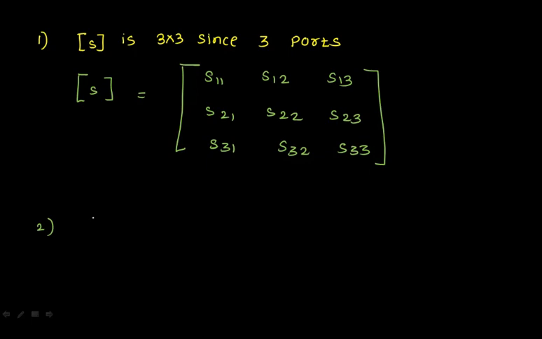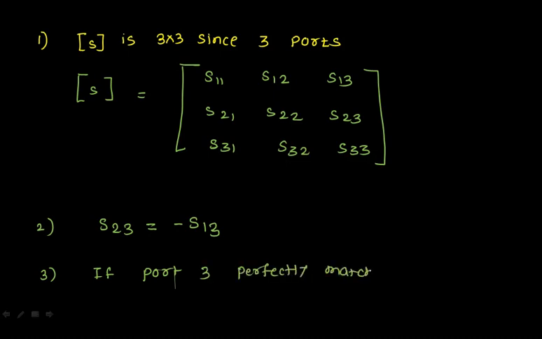As we have already seen, S23 is equal to minus S13, because your outputs at ports 1 and 2 are out of phase by 180 degrees with an input at port 3. Now we are assuming that our third port is perfectly matched. So if port 3 is perfectly matched, then I can write S33 is equal to 0.